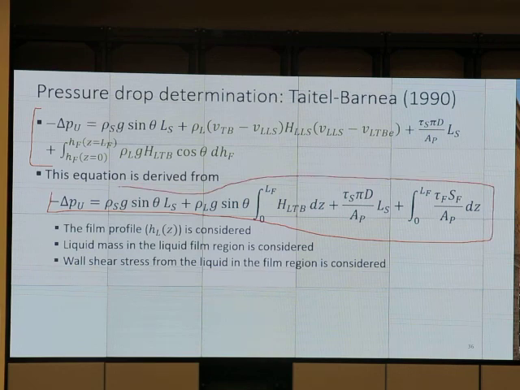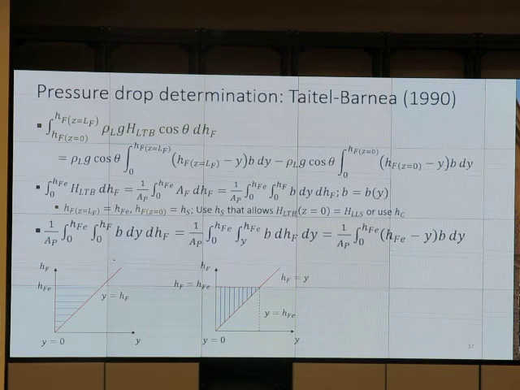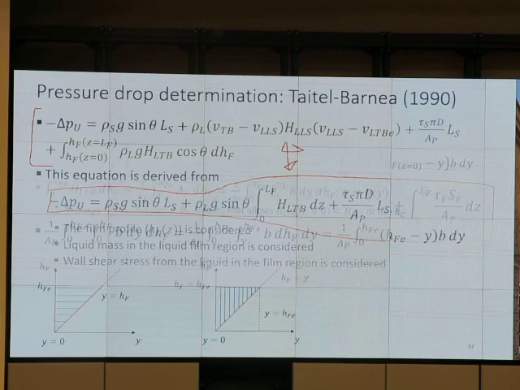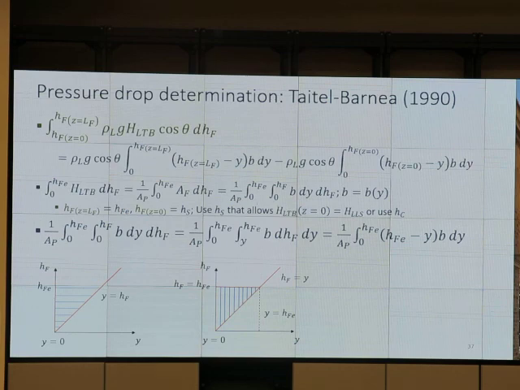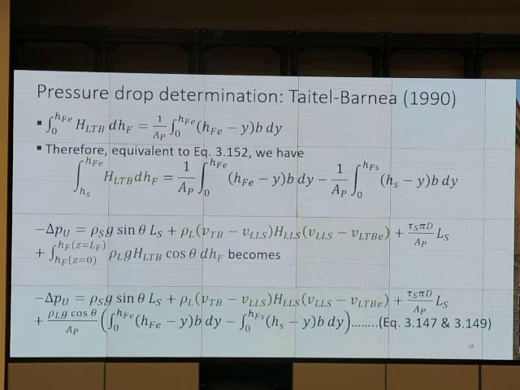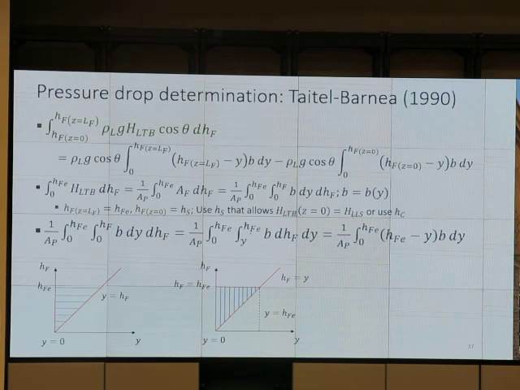So this equation is the same as that. We consider all the film, everything except the gas part and tau I. Now let's do some mathematical trick to rearrange it and show you what's really happening here.